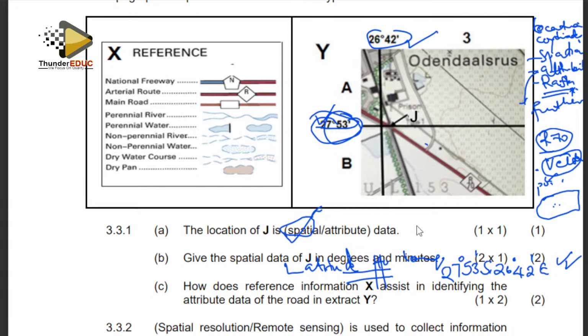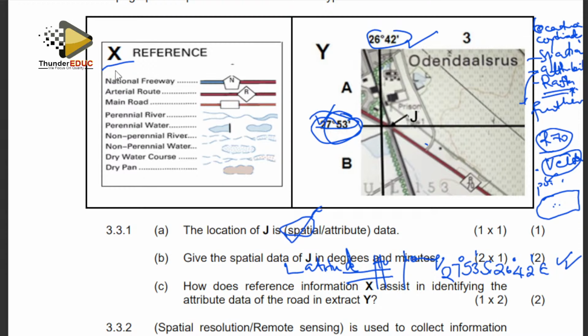Okay, part C. It says, how does reference information X, where is X? This one here. How does reference information X assist in identifying the attribute data of the road in extract Y? How does this one assist to identify the reference information of the road?